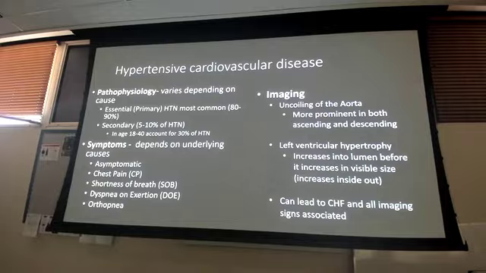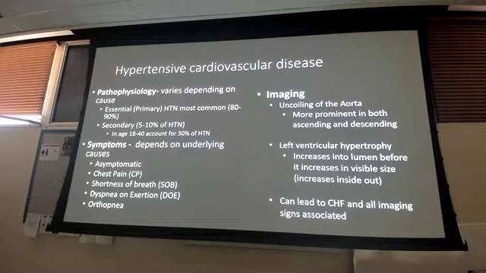When you're treating hypertension, your goal is not 120/80 or less. That would be nice, but that's not the goal. What's considered controlled treated hypertension is a hypertensive patient on medication whose blood pressure is less than 140 systolic and less than 90 diastolic.